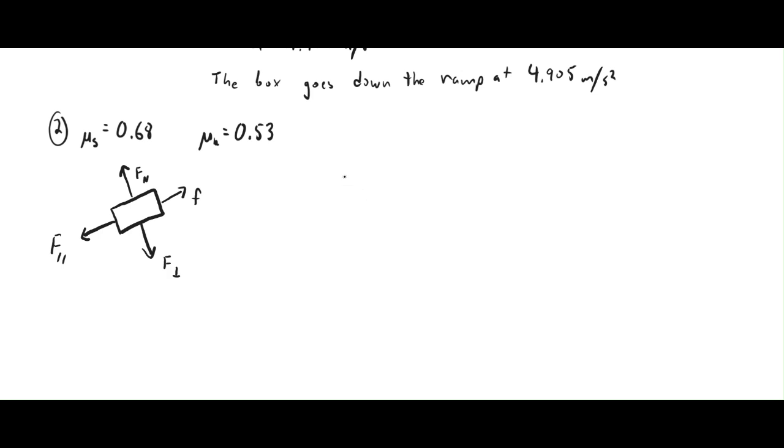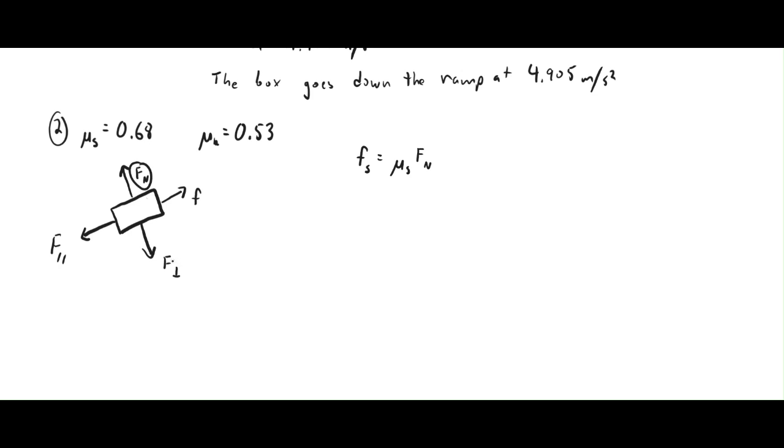Okay, so we found F parallel above, or at least we have an expression for it. Let's find what our friction force is. So the static friction force is going to be the static coefficient of friction times the normal force.